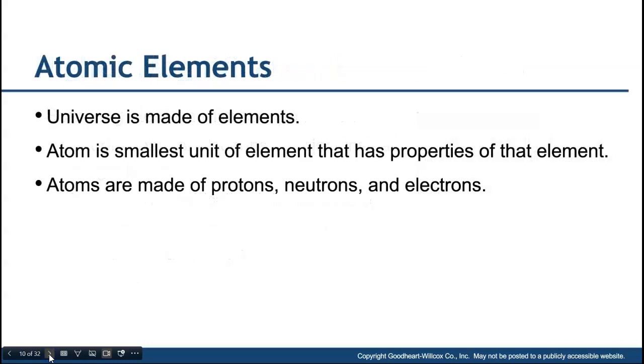When we are talking about atomic elements, our universe is made up of these elements. The atom, of course, is the smallest unit of an element, and it has specific properties that go along with that element. Now, we can break an atom down into protons, neutrons, and electrons. Hopefully you are all remembering from high school chemistry that you have protons and neutrons in the interior, and electrons going around the outside of your atom.